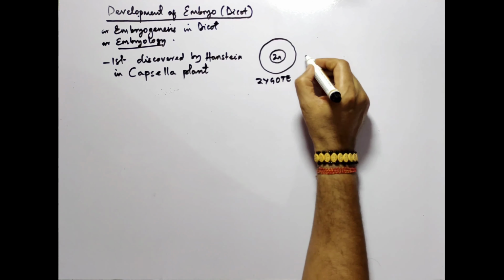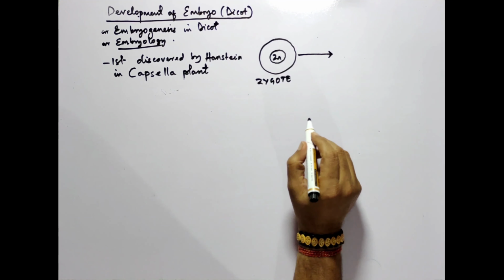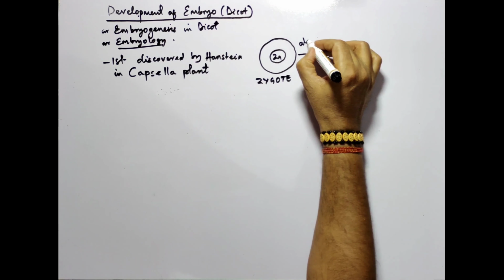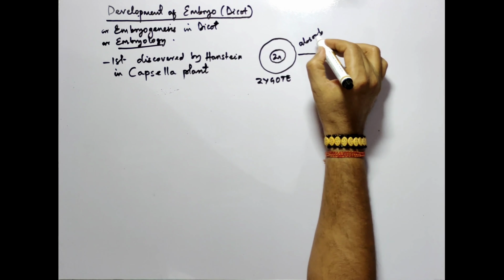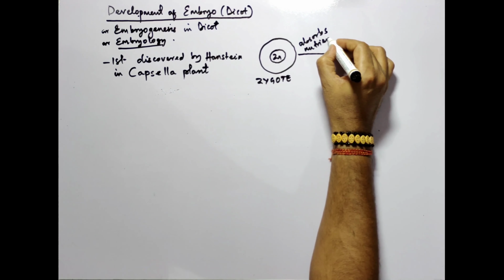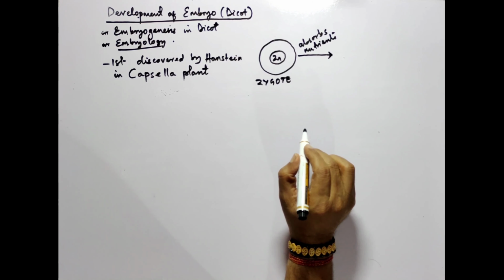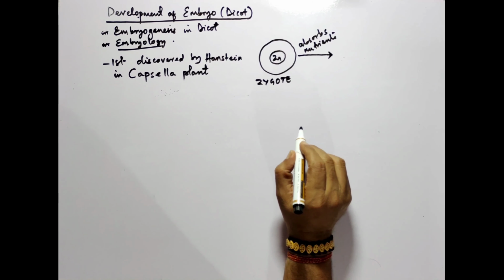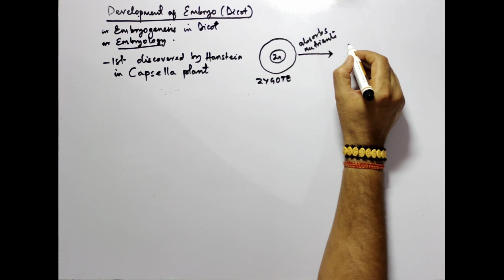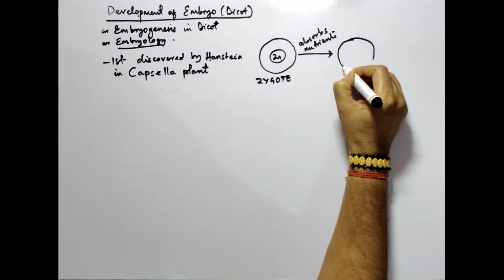This zygote in the next stage will absorb nutrients and increase in size. The main source of nutrient is nothing but the endosperm, and gradually it increases in size.